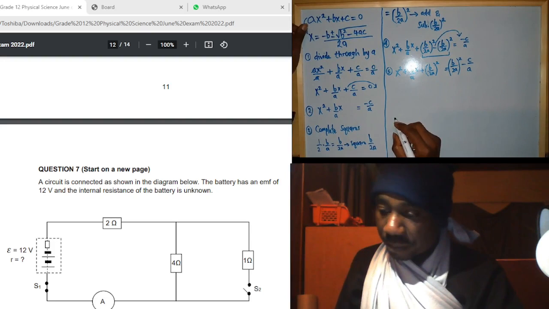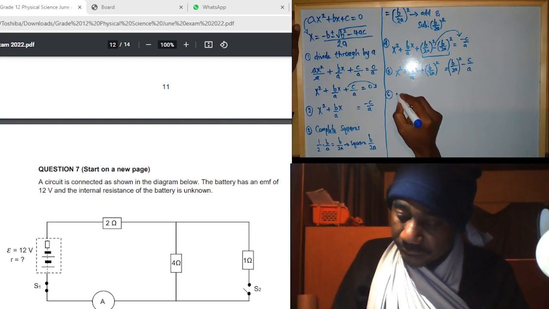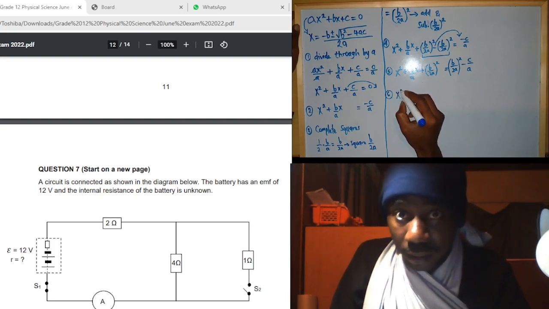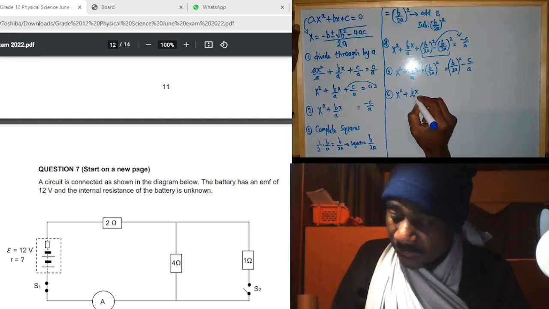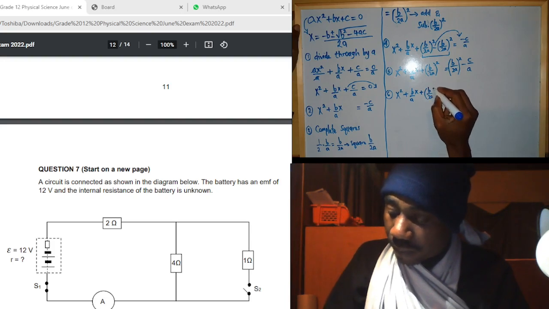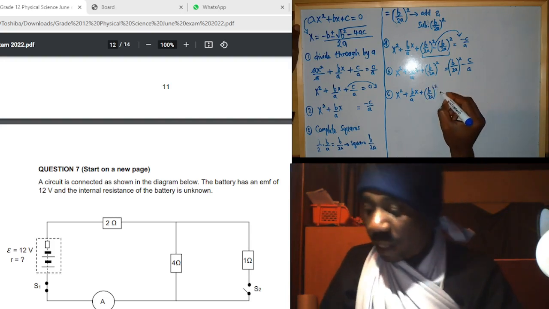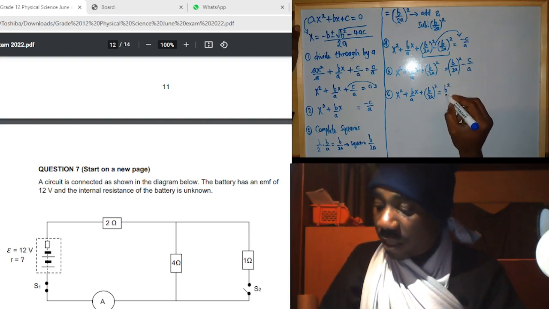So next, we can simplify that further. We have x squared plus bx over a, then plus b over 2a all squared equals, we can expand this, b times b is b squared, then 2a times 2a, that is 4a squared, then minus c over a.